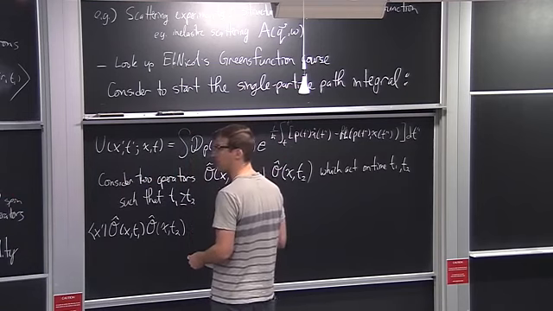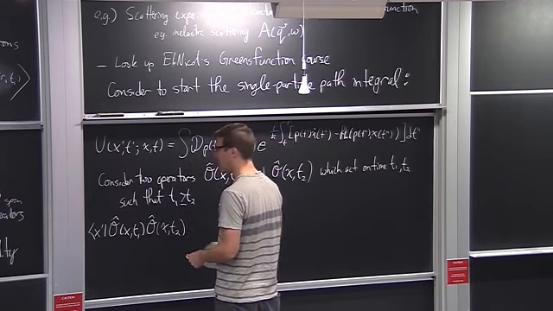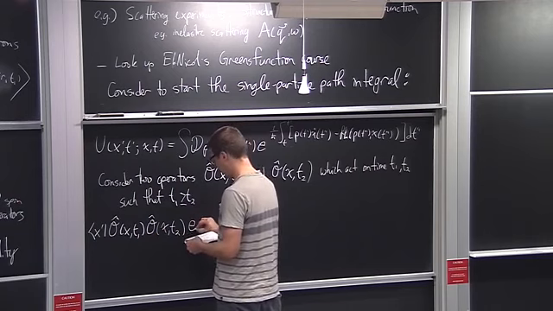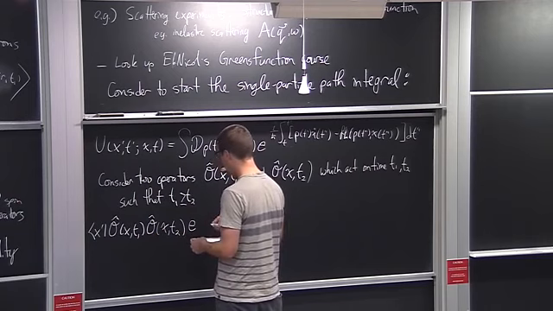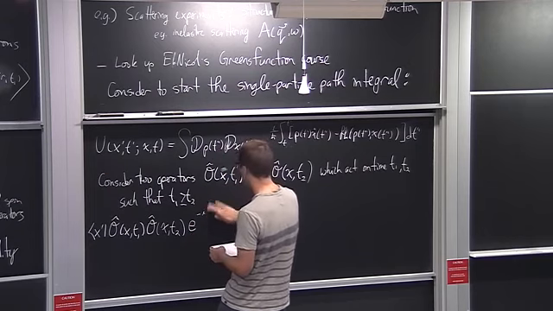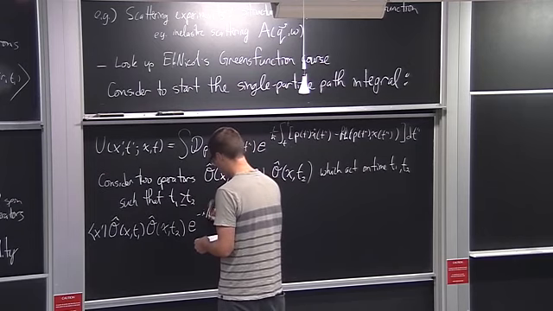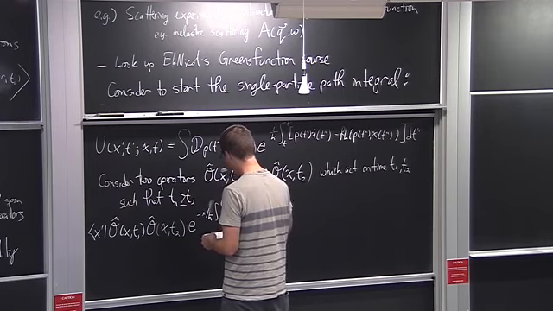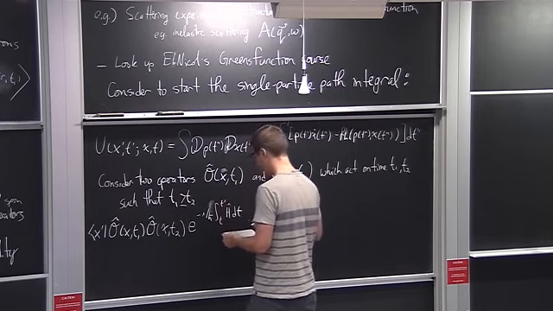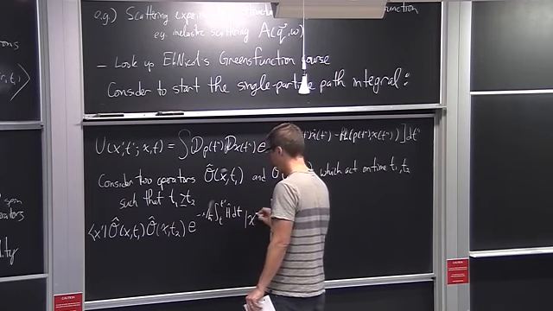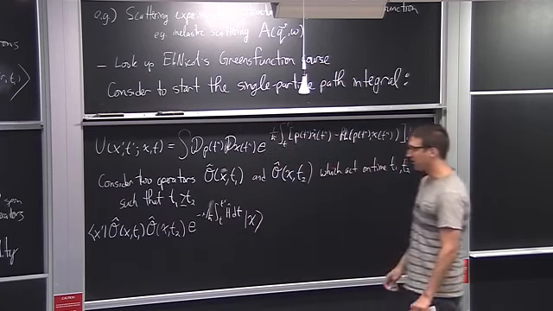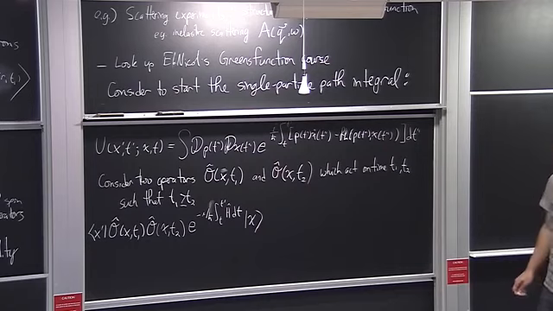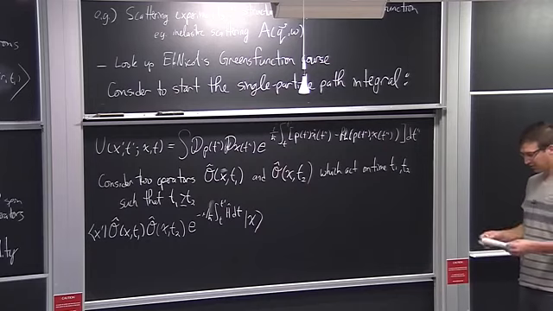So I need to trace over the operators and then e to the minus beta h. So in the single particle path integral, I guess it's something like this, t to t prime. That's the matrix element we need to calculate. I'm just being very explicit about something that I think you'll find completely trivial.